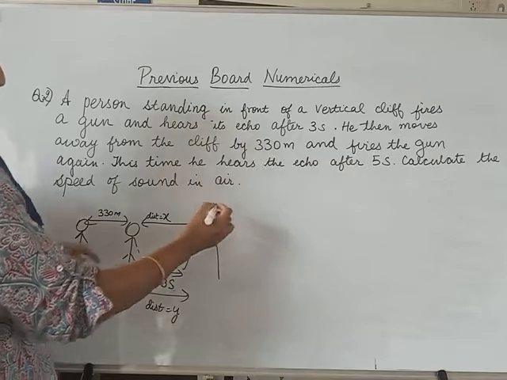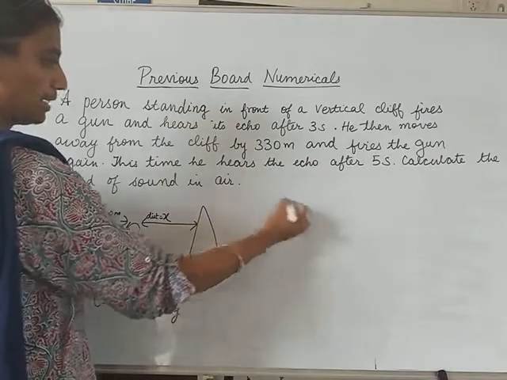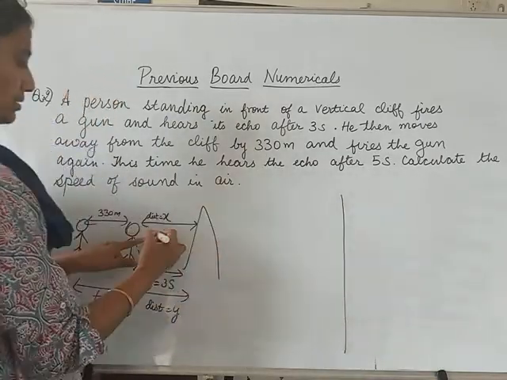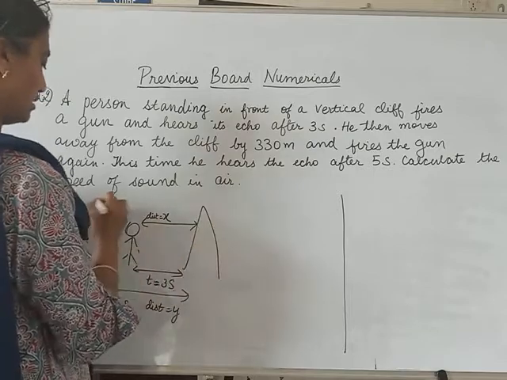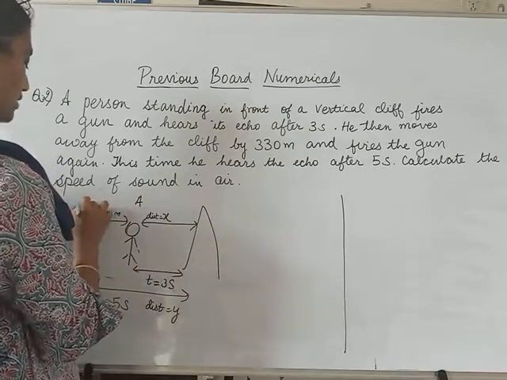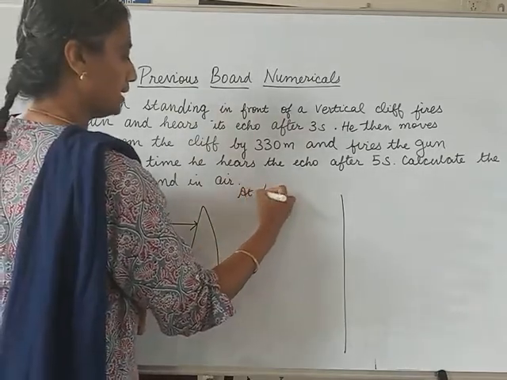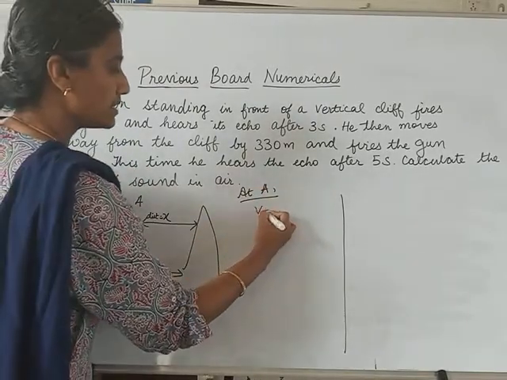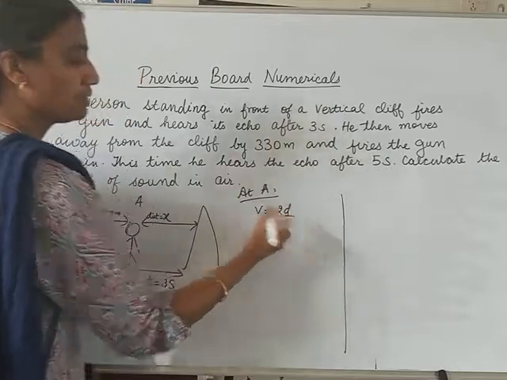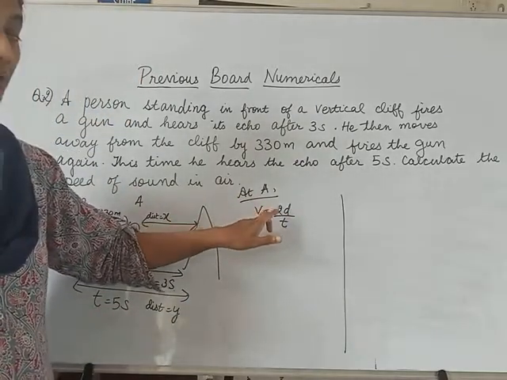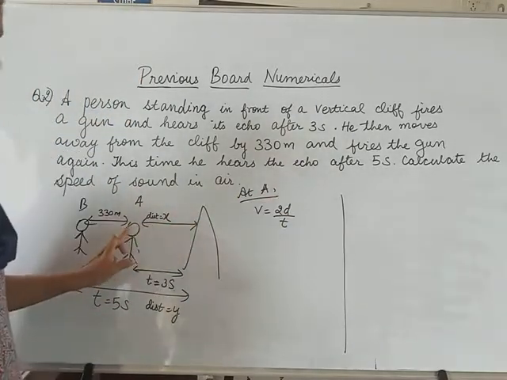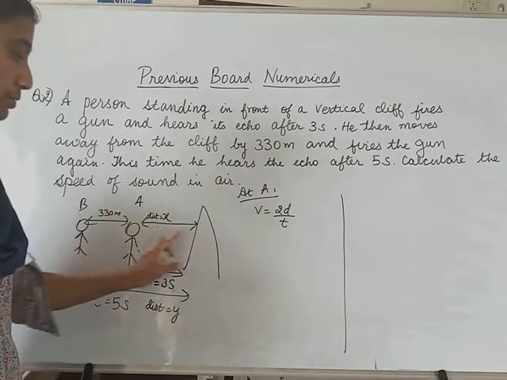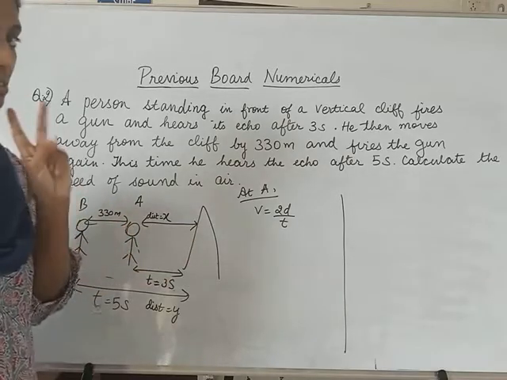So same way, now you will have two cases. Let's take this as position A, position B. So at A, V is equal to 2D by T. Now remember here you have to take 2D by T because he produces the sound, it goes, hits here and comes back to him. So it is 2D.